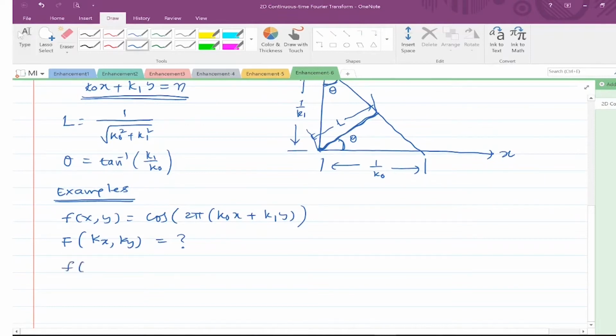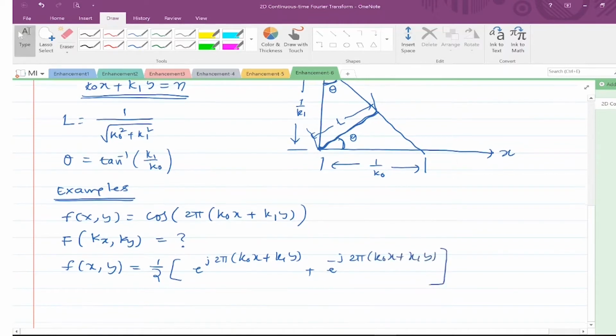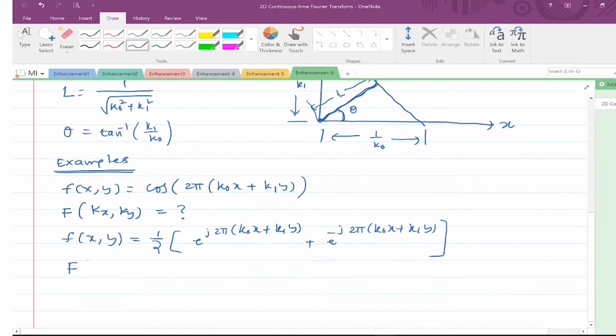You could write your f of x y as a summation of complex exponentials, which is e power j times 2 pi into k naught x plus k1 y, plus e power minus j times 2 pi of k naught x plus k1 y. Now in the last class itself, we have done thoroughly what would be the Fourier transforms of one and any function that gets multiplied by a complex exponential. So from that you could right away write that out here.